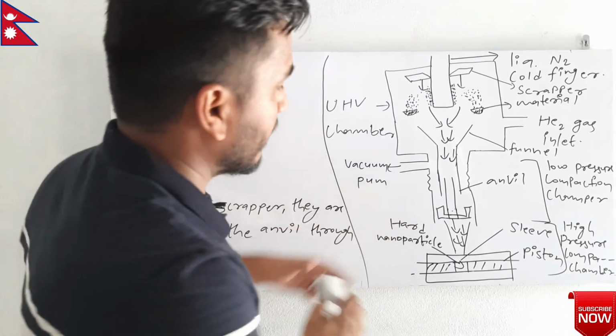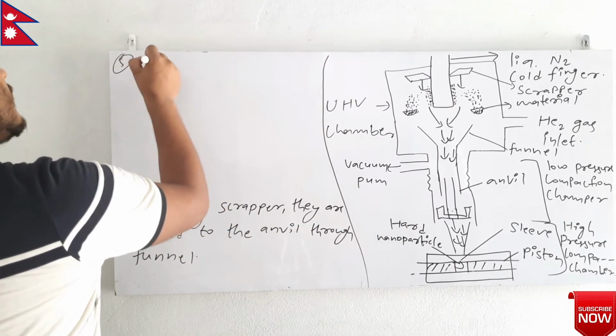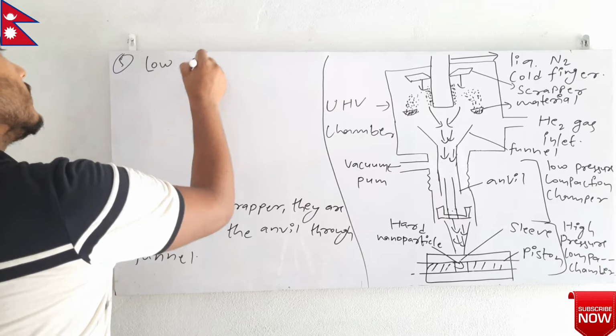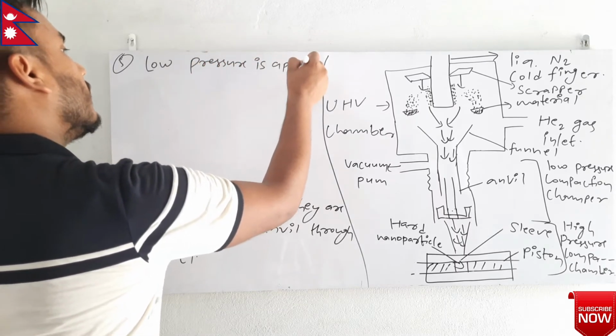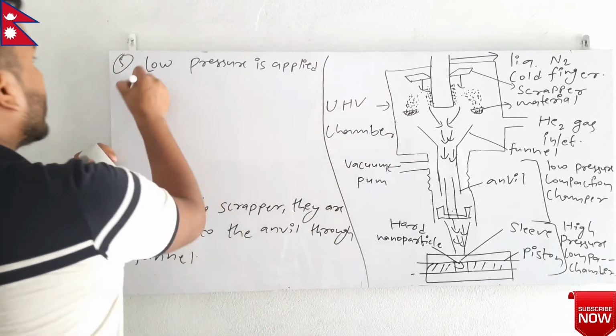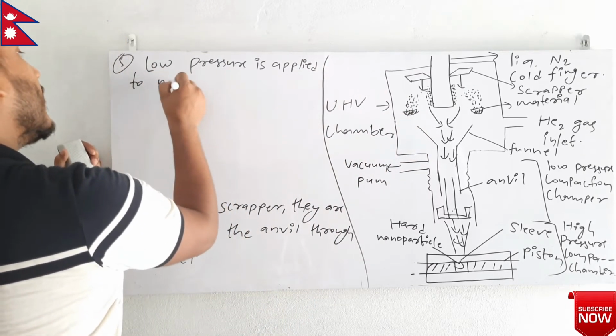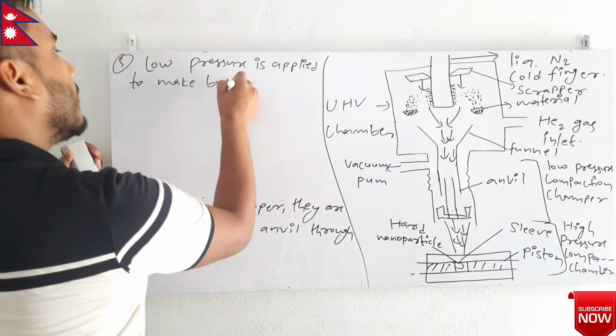Now after they reach here, fifth, low pressure is applied to make bulk materials.